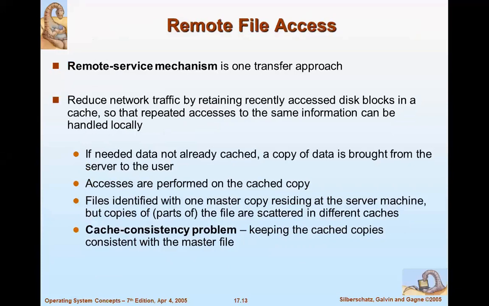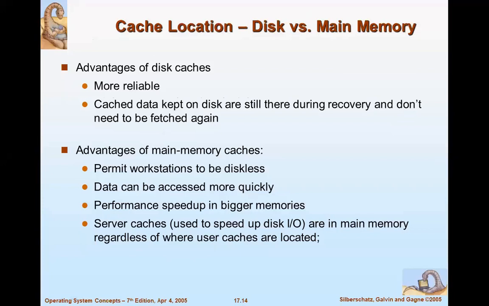This is the cache consistency problem. I hope it is clear to you now how the cache consistency problem may happen over here. And look at this cache location, where it is: disk versus main memory, where the cache is.